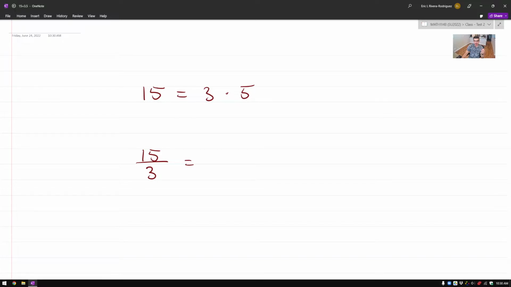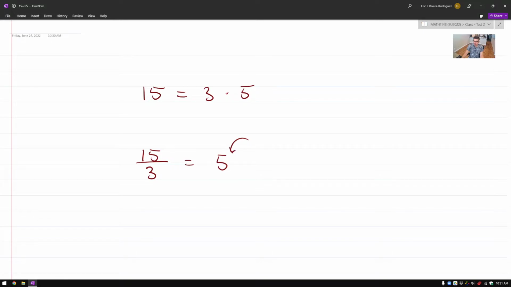It is 5. Okay. So whenever we divide a value by its factor, we are going to get the other factor or the factors of that value, which is 15. See?